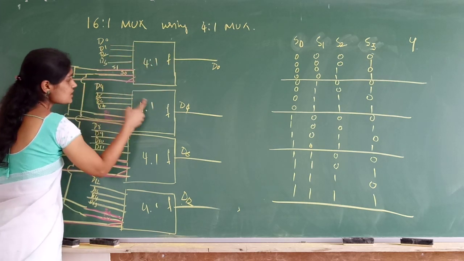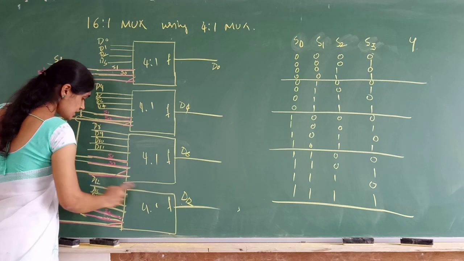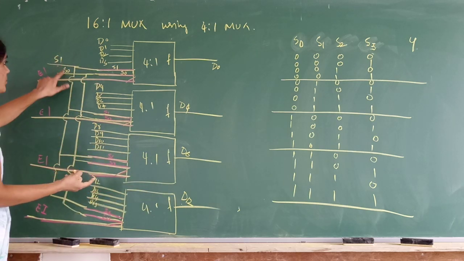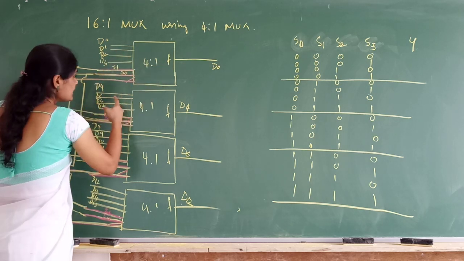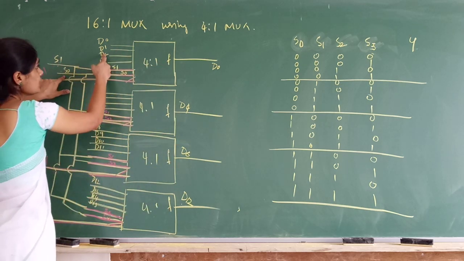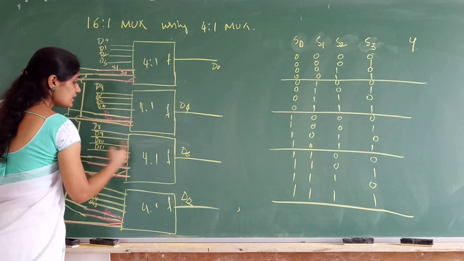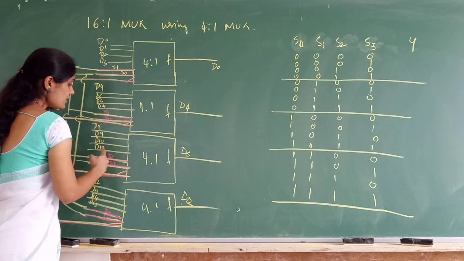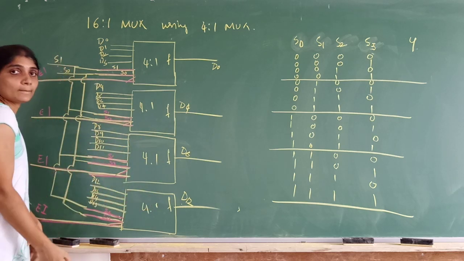D0. Here it is D4. Here it is D8. Here it is D12. Similarly, if you are giving 0, 1 as input, you get D1, D5, D9, D13. 1, 0: D2, D6, D10, D14. 1, 1: D3, D7, D11, D15.